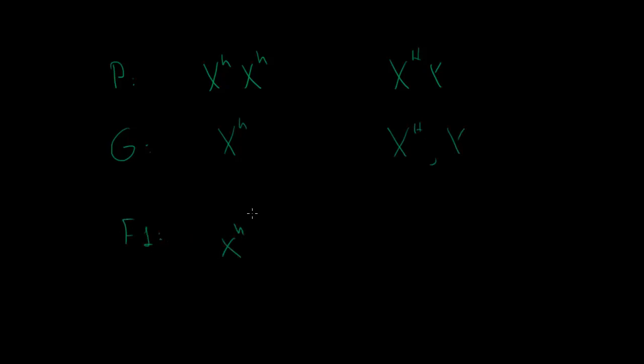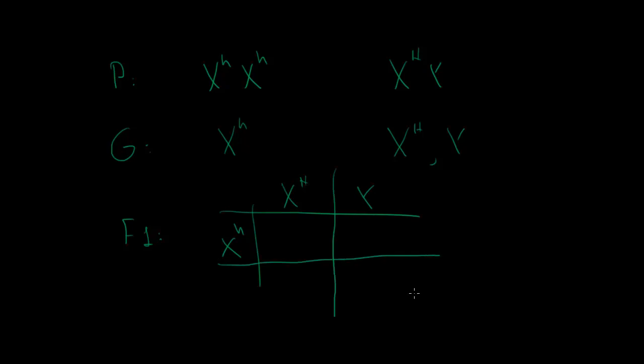Imagine now that I have a mother that suffers from hemophilia and a father that is healthy. Now, the gametes from the mother will be Xh, and the gametes from the father will be XH and Y. Now, if we make our Punnett square to make our cross, you will see at the end that all the females will be healthy and all the boys will suffer from hemophilia.